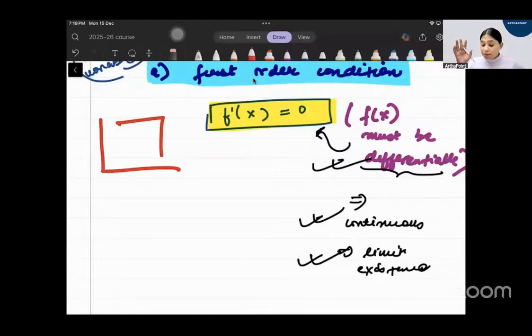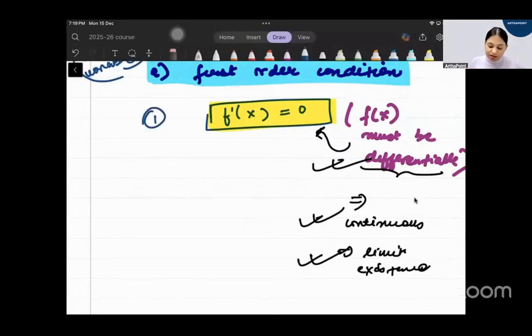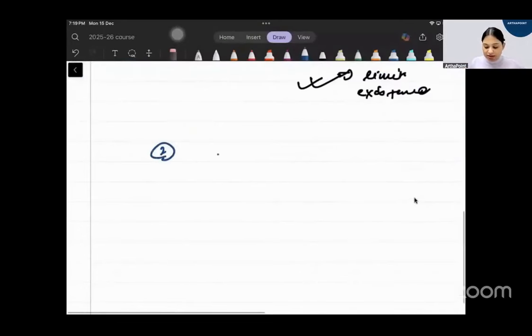So basically, the first order condition requires, क्योंकि मैं differentiate करके equate to 0 कर रही हूँ, so it requires that the function must be differentiable. Secondly, ये तो first चीज हो गया. Secondly, I require that the second order derivative can have different things.